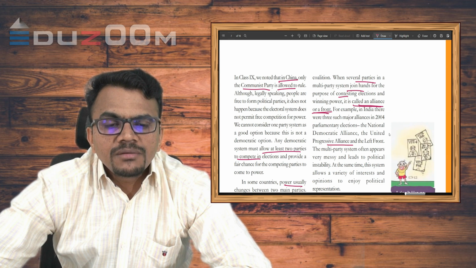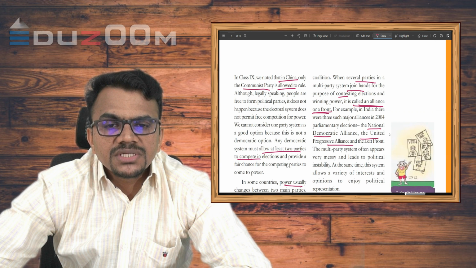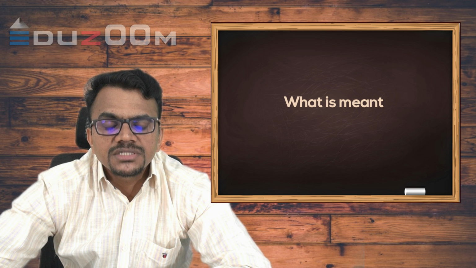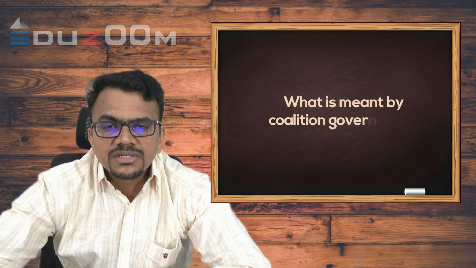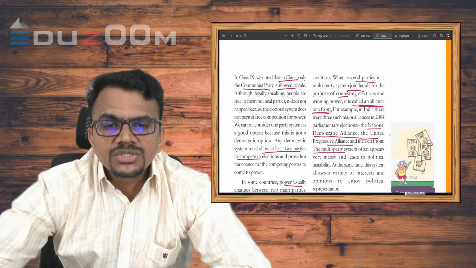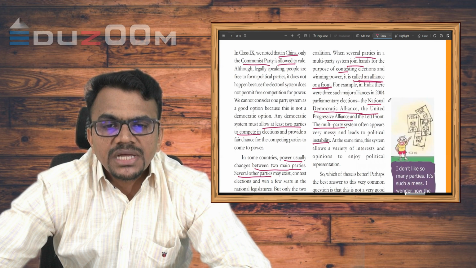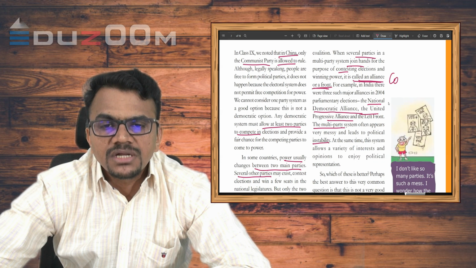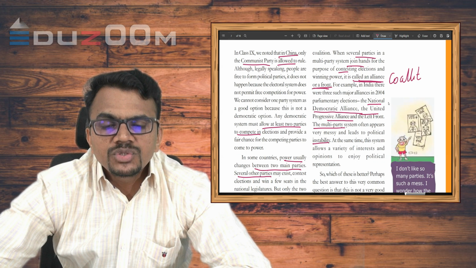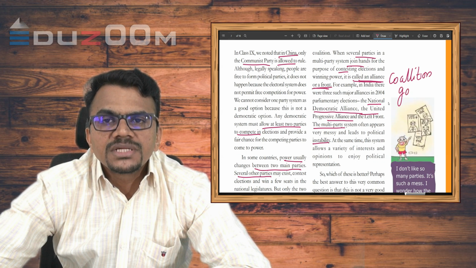Then another important one for a 2-mark question can be coalition government. In a multi-party system, there are chances for coalition government. So remember what is an alliance and what is coalition government. Alliance is a group of many political parties and they come together and form a government.